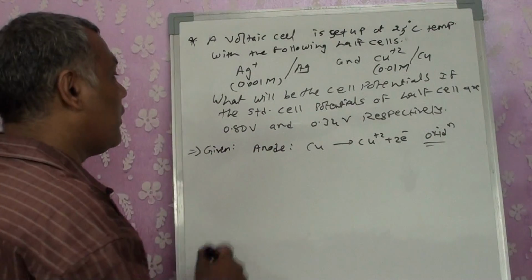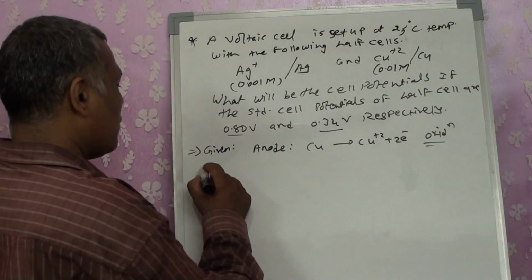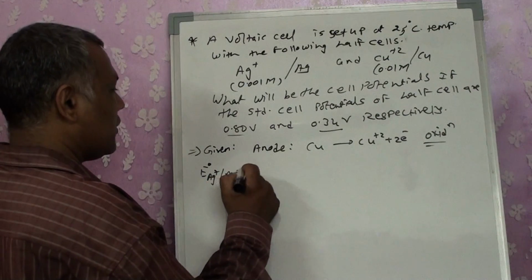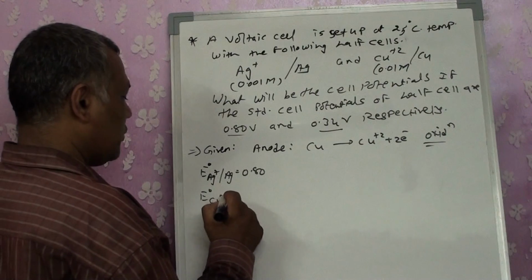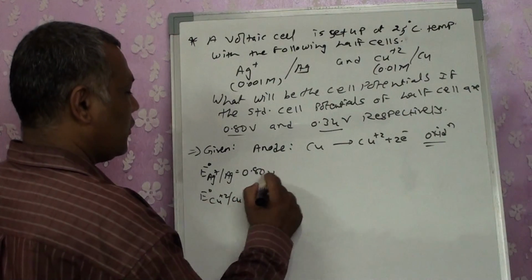Because the two potentials are given to us, E naught of Ag plus Ag is 0.80, E naught of Cu plus 2 Cu is 0.34 volt, right?